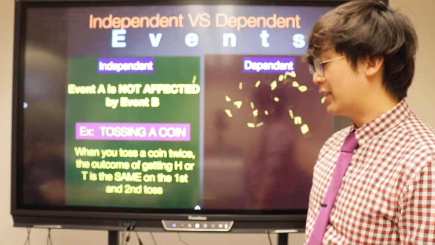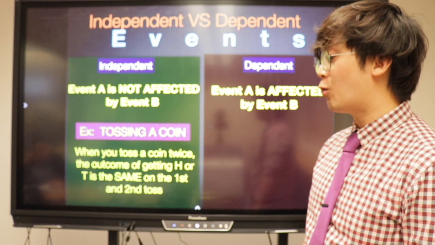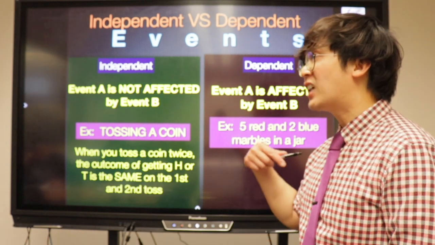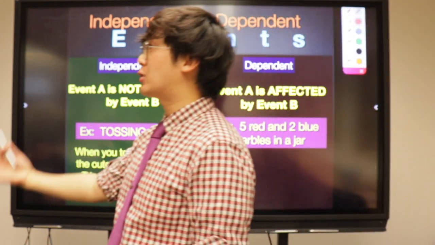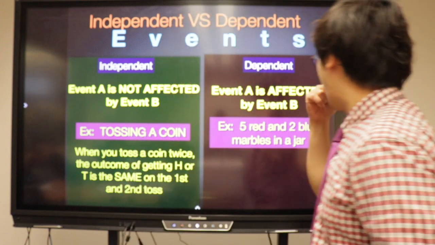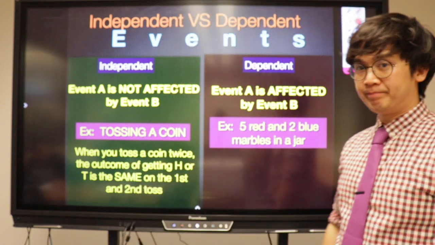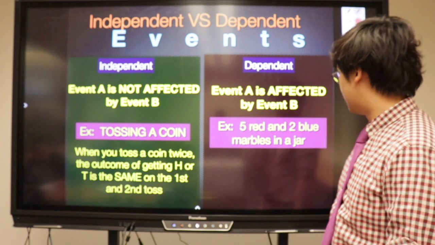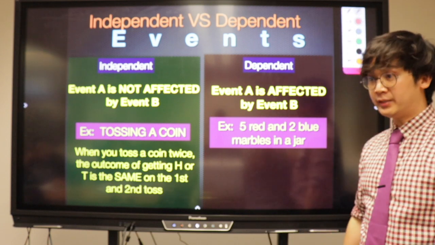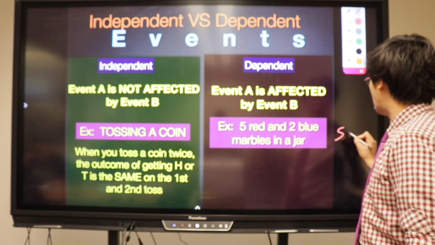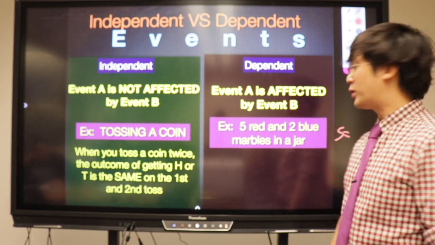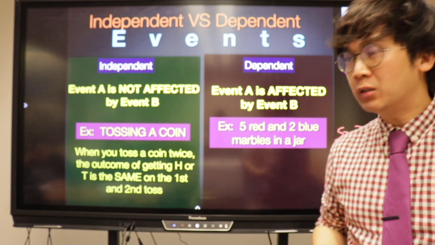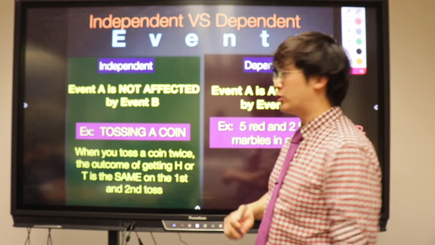Now, here is an example of a dependent event, wherein the second event is dependent on the outcome of the first event. This one: 5 red and 2 blue marbles in a jar. What is the sample space here? The number of marbles. How many marbles do we have? 7. So 7 marbles, 5 red and 2 blue.